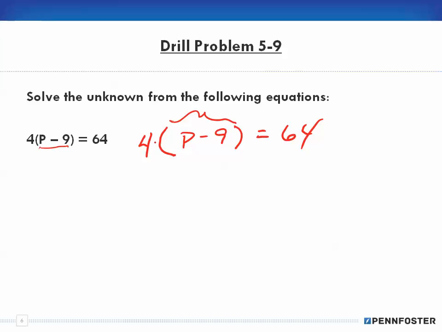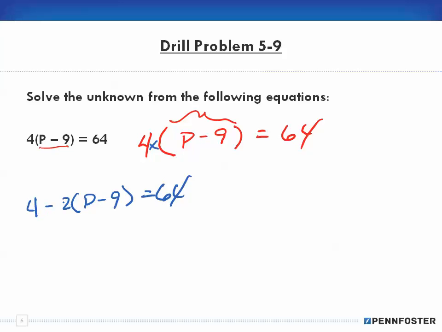And remember that it's understood that right here, that's a multiplication sign, because it's right next to the quantity, right next to the parentheses. If I had something like 4 minus 2, then p minus 9 is equal to 64, well then I'm no longer multiplying 4 times that quantity, I'm multiplying a minus 2 times that quantity.